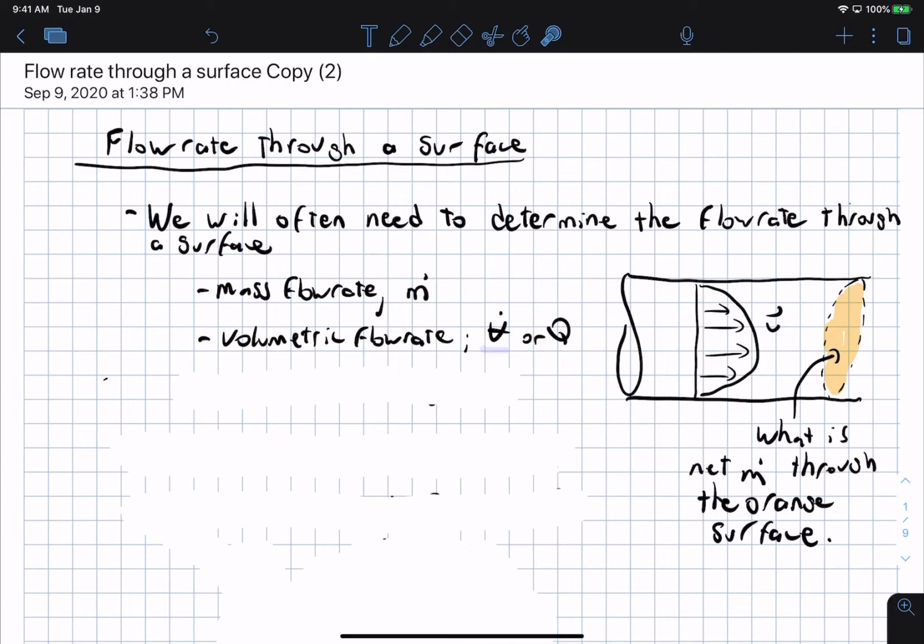So the volumetric flow rate in those classes is typically V dot, and I will adopt that notation. But in your textbook, they use Q. Please do not be confused by that.